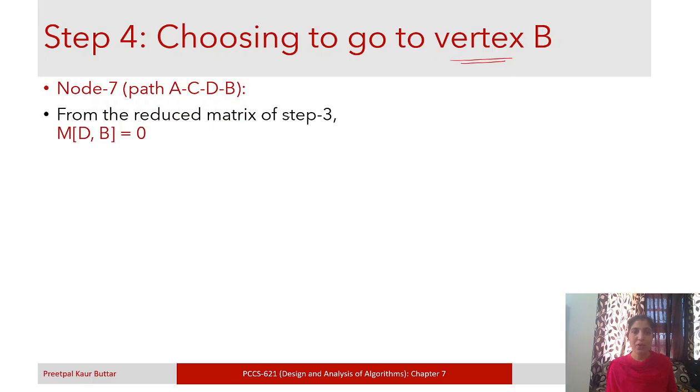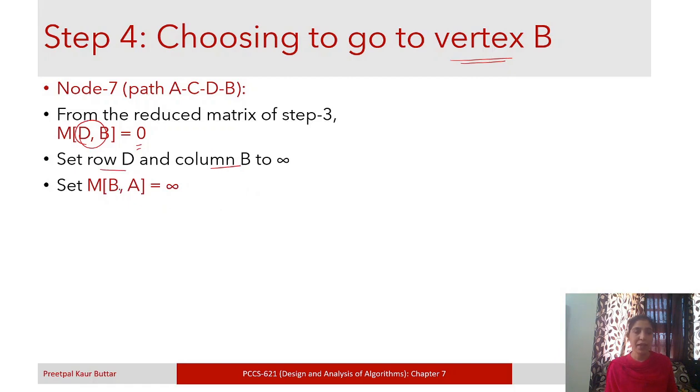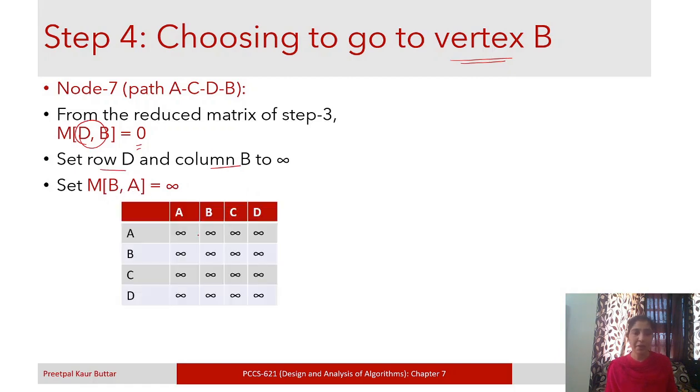Okay, so now we will take the reduced matrix of step 3. And from that we will note the value of D comma B, which is 0, and now we will set row D and column B to infinity, and we will also set the cell B comma A to infinity. And after doing all these things we got this. Okay, so everything is infinity here.